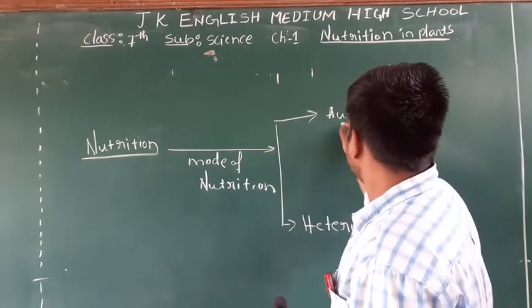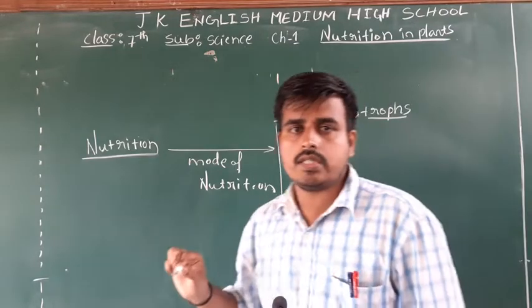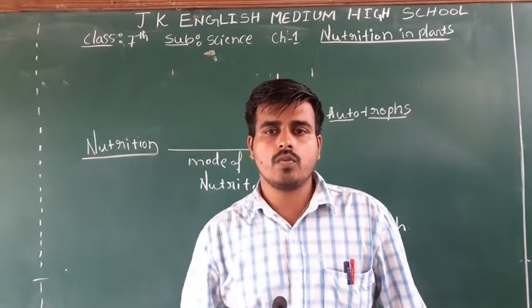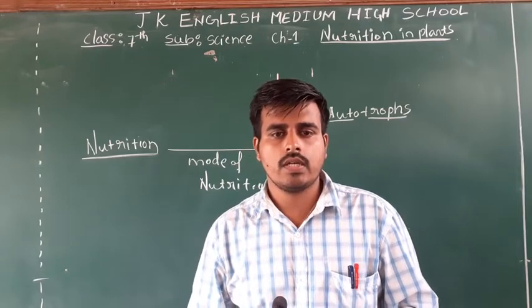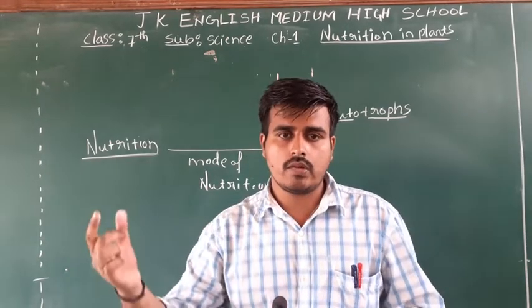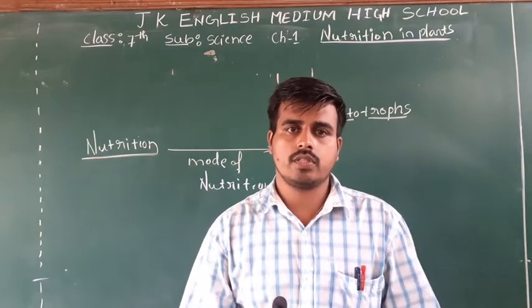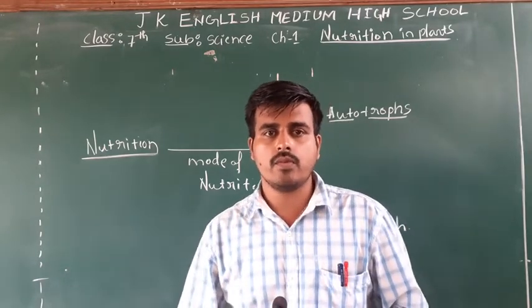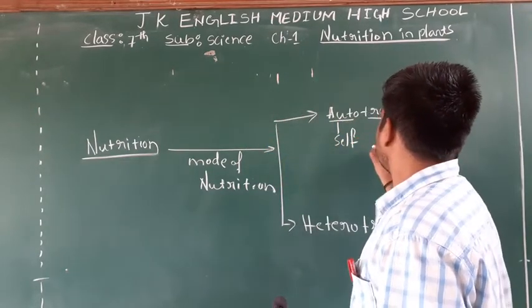Here we can see two words; autotroph is actually a combination of two words. Auto means, maybe you have heard the word automatic. Automatic means one which starts itself, or one which is capable of doing its own work. So auto means self.